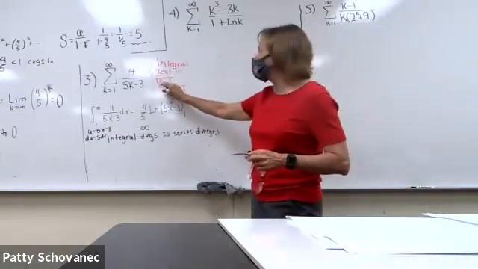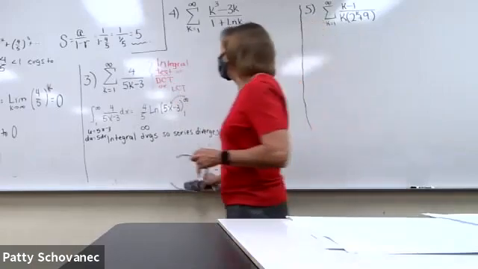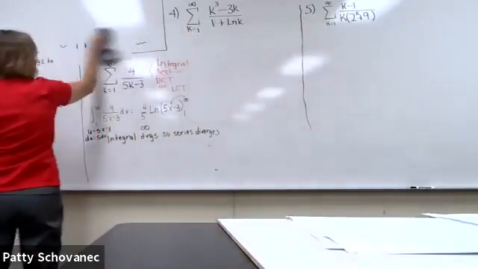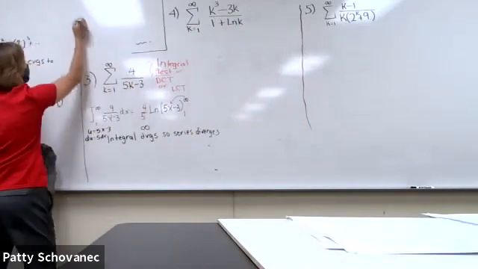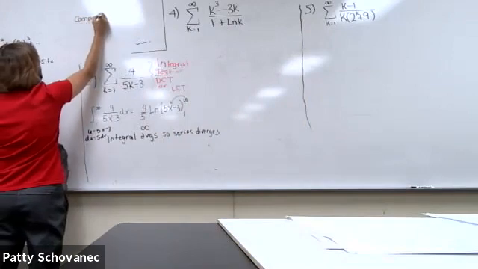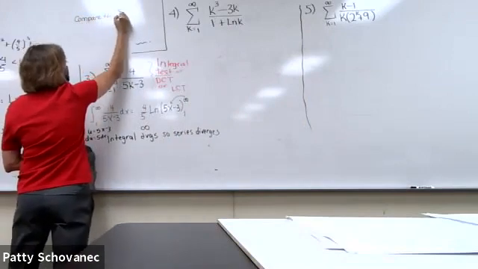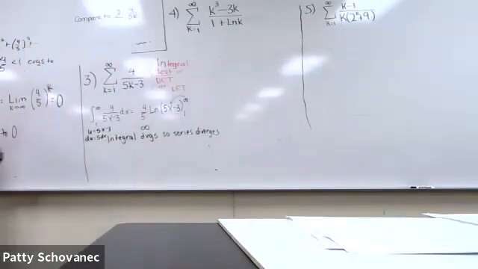Okay, then I said you can also use either a direct comparison test or a limit comparison test. We can compare the given series. If this 3 weren't there, it looks like 4 over 5 to the k. So for a comparison test, we compare it to the series 4 over 5 times k, which is 4/5 times 1 over k.